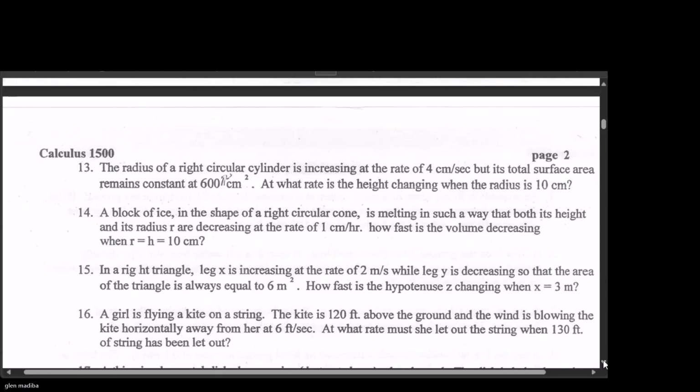Then I've got that change of s with respect to time is equal to x times change in x with respect to time.